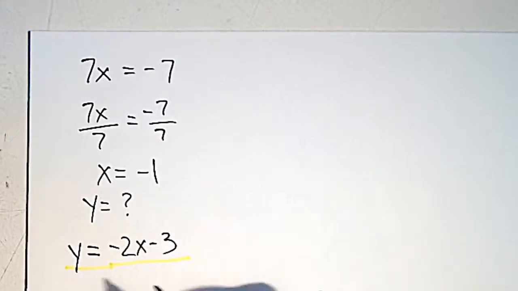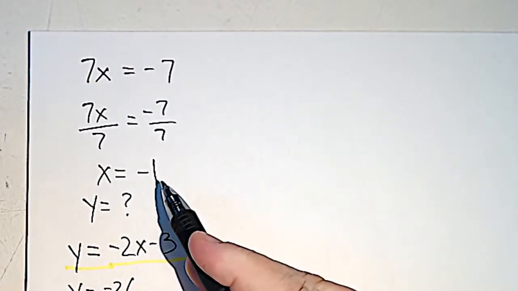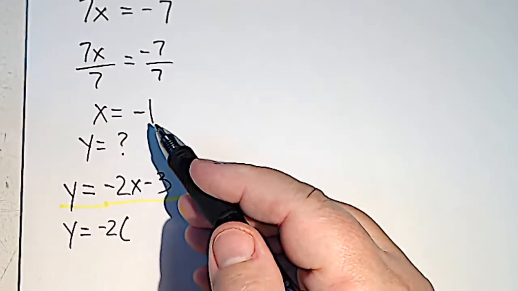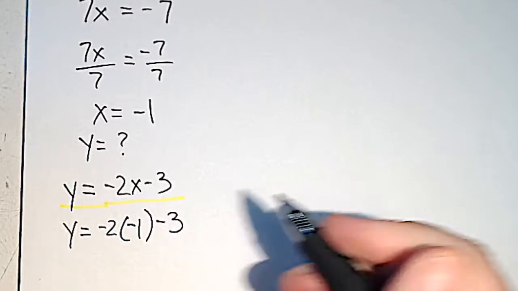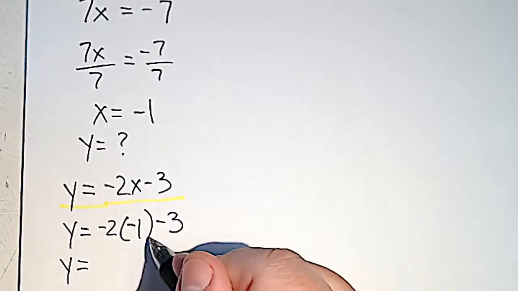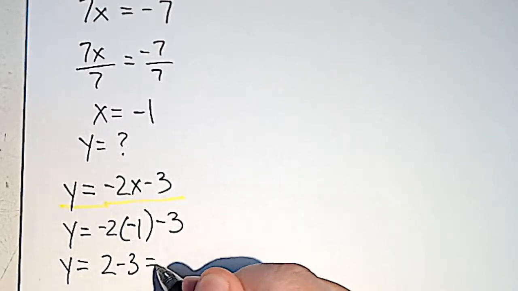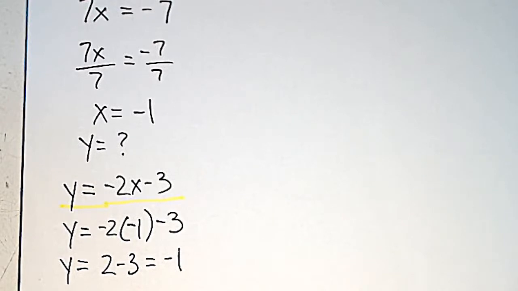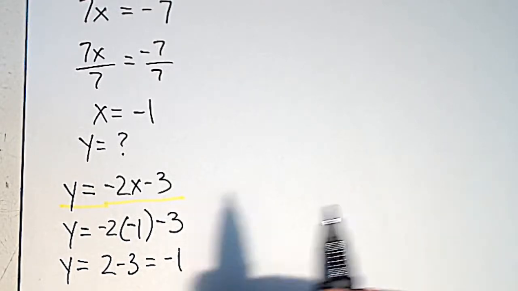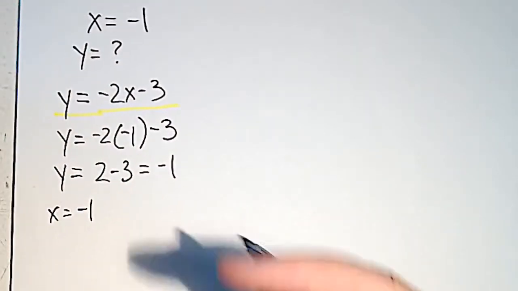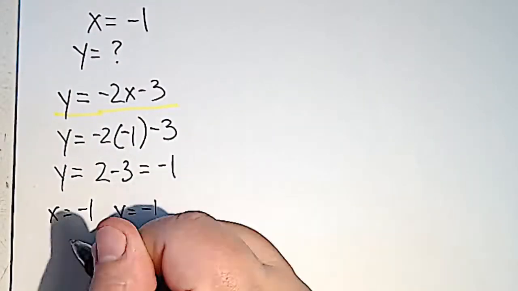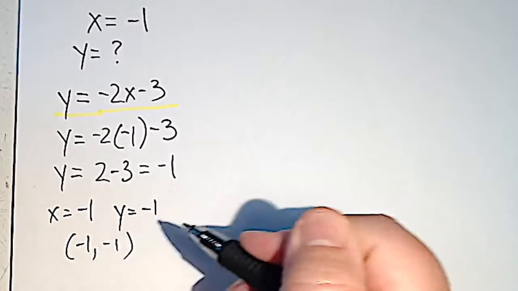So let's see, I get y equals -2 times x, which is -1, minus 3. So y equals, it looks like 2 minus 3 also equals -1. So our final answer is going to be x equals -1, y equals -1, or -1, -1.